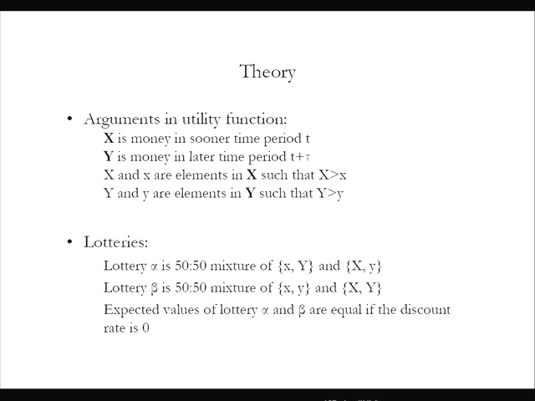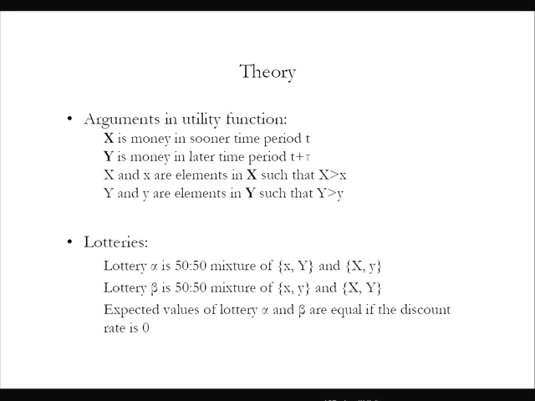So lottery alpha is a 50-50 mixture where you receive a smaller amount now and a larger amount later, or a larger amount now and a smaller amount later. And down here you receive the two bad outcomes now and the two good outcomes later.